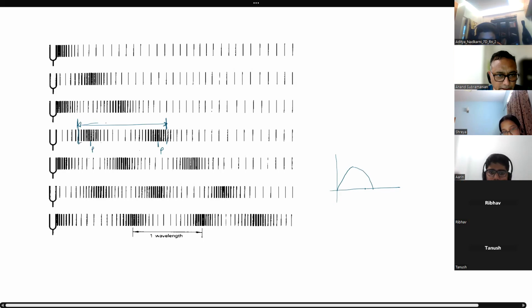Then this is the rarefaction region here. And then once again, you have the peak. This is the peak position. This is the ending of the peak position. So here I am asking from the beginning of this to the ending of this.